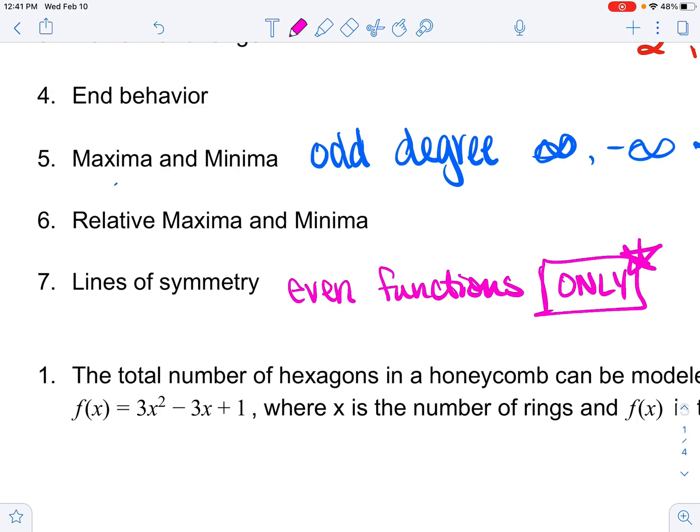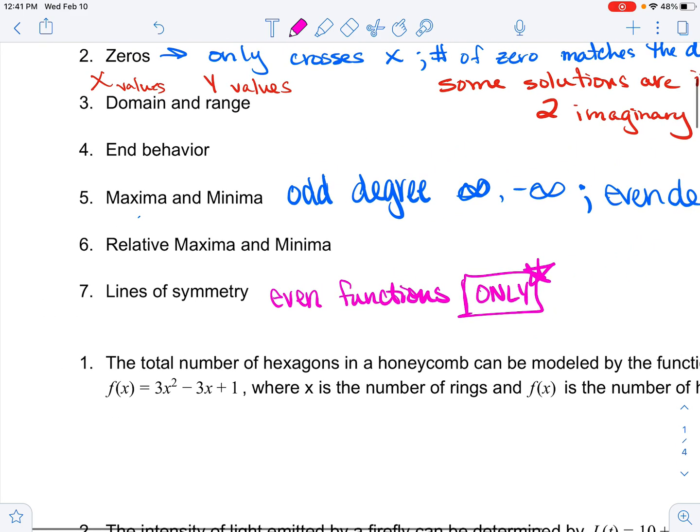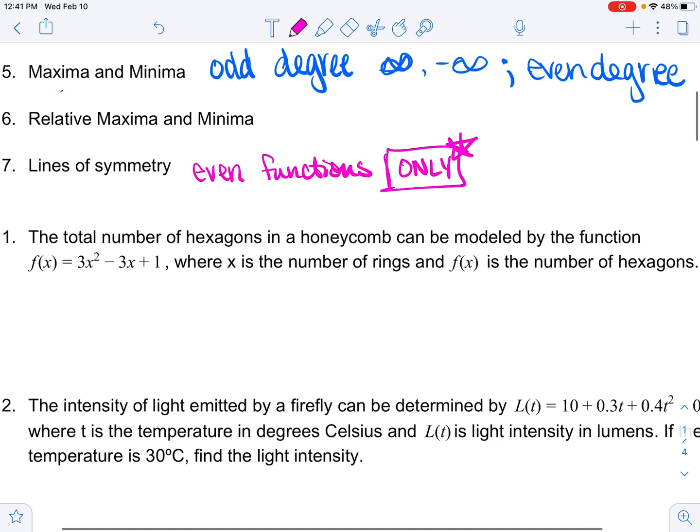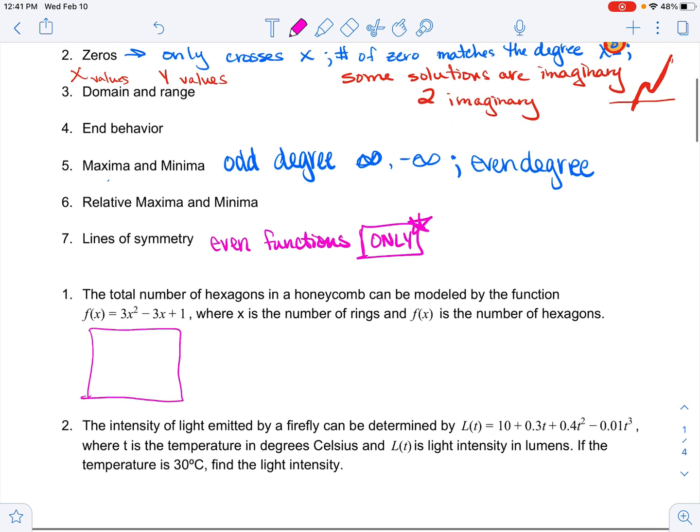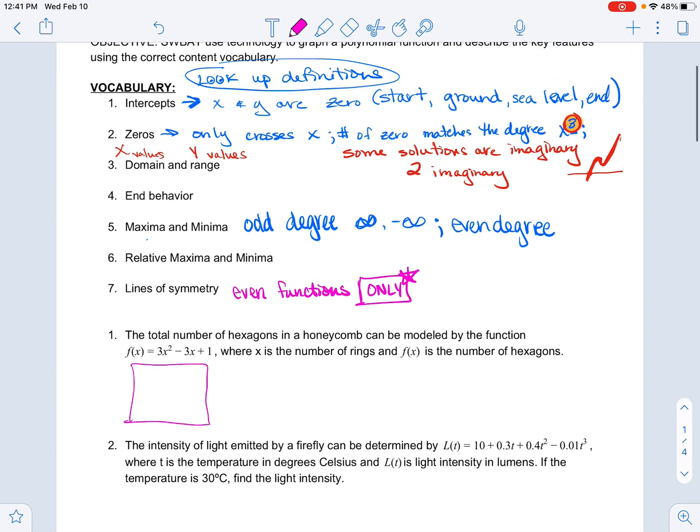Okay, so what am I expecting you to do? Well, number one, I'm going to ask you to go to Desmos and graph this particular function. You can then describe it, and a good thing to do would be to describe it in terms of all or most of these vocabulary words.